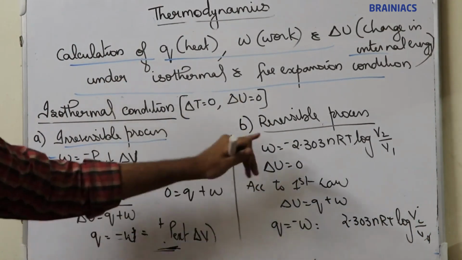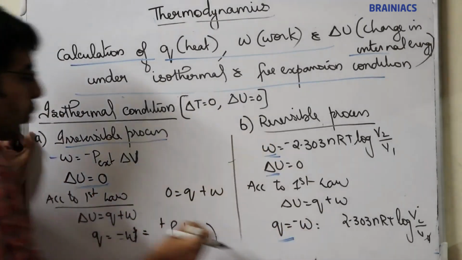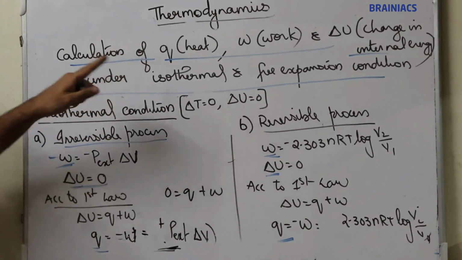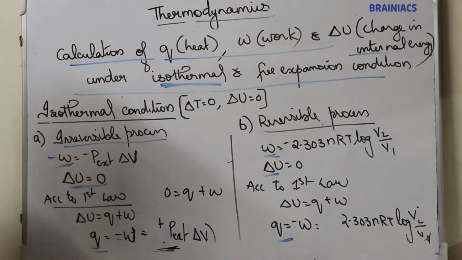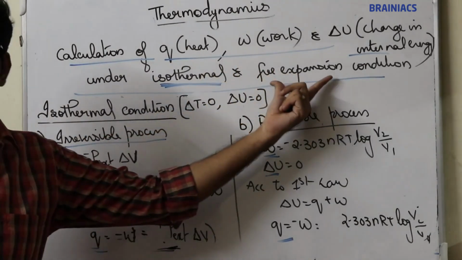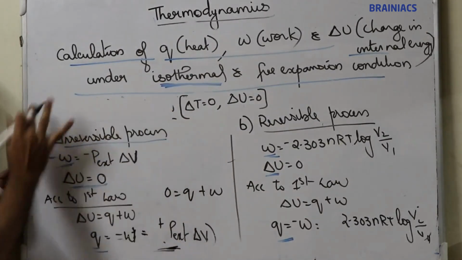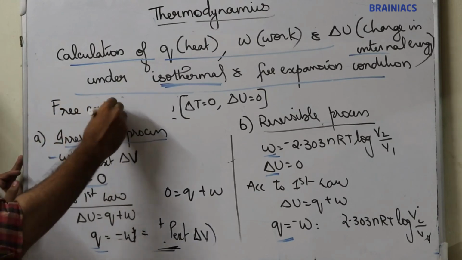So we calculated W, delta U and Q for irreversible and reversible process under isothermal condition. Right? Isothermal condition. Moving on to next condition, free expansion.